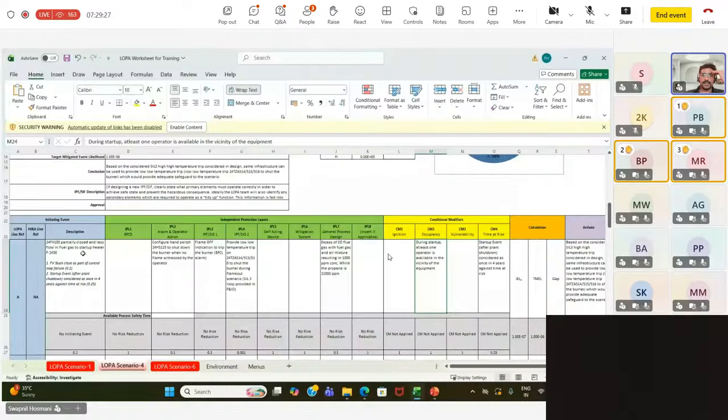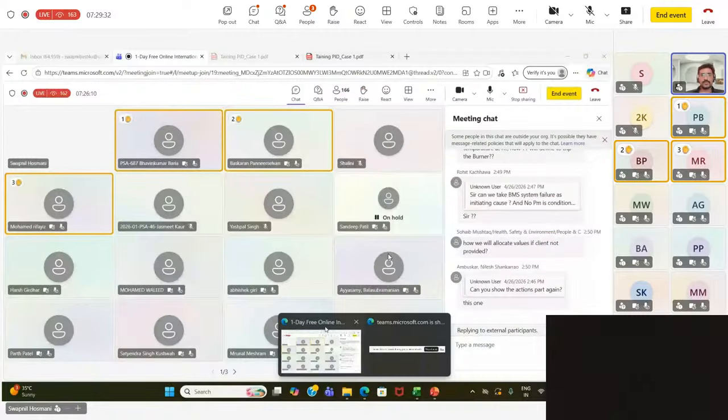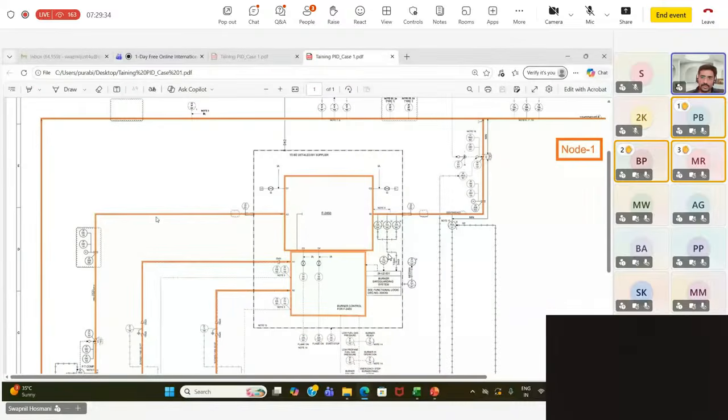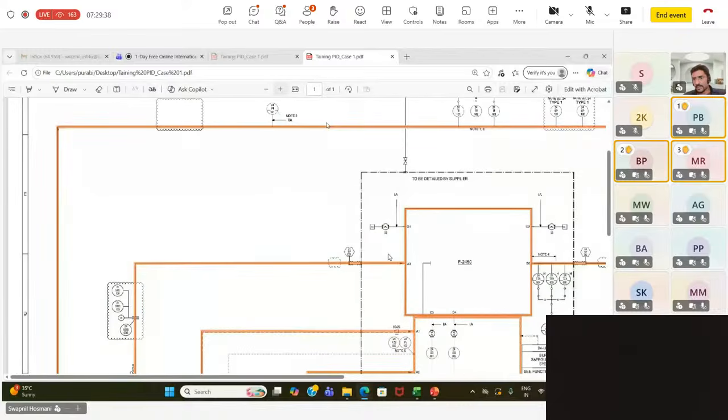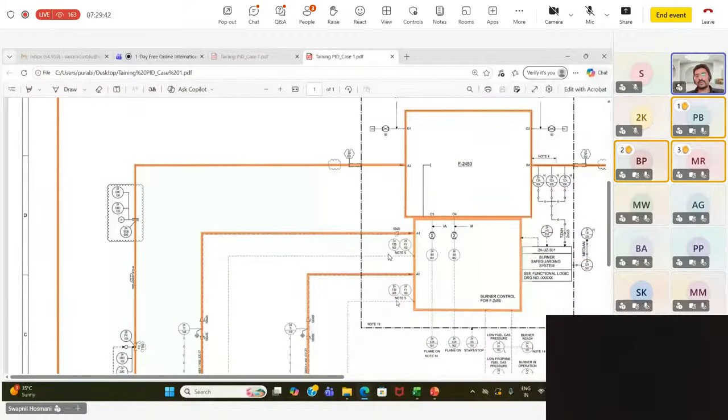Now, if you look at this PNID, FV103, so this is that control valve. Many a time it happens that this is your package boundary, so they are not indicating it, but there is a control valve, which is evident in the vendor design or whenever there is a vendor package.